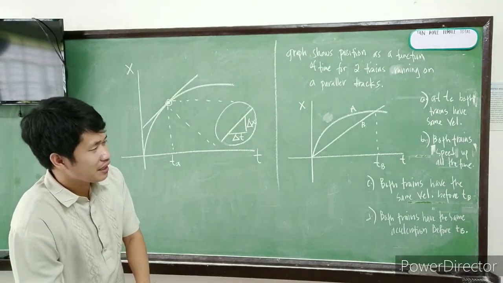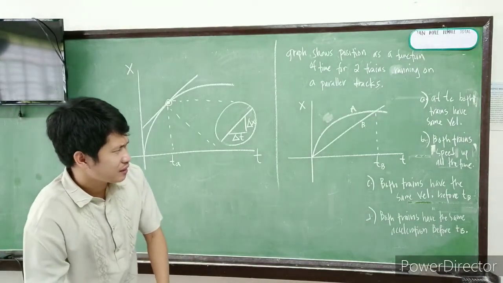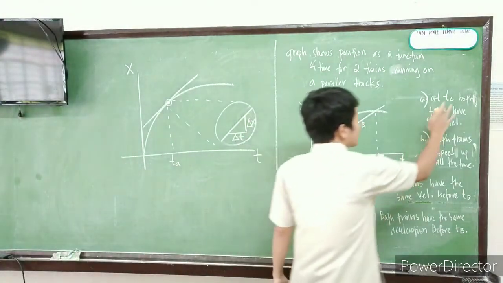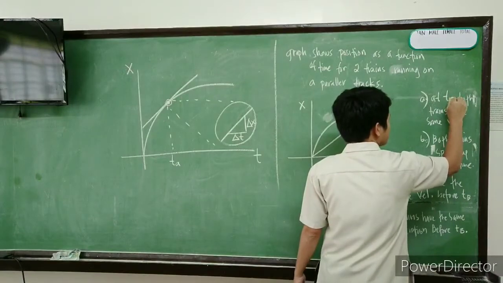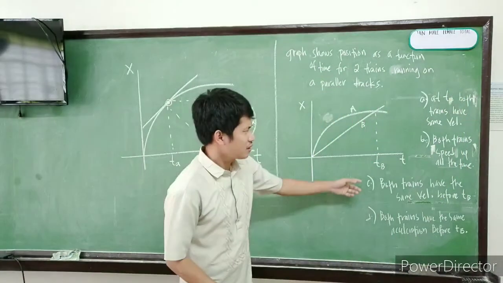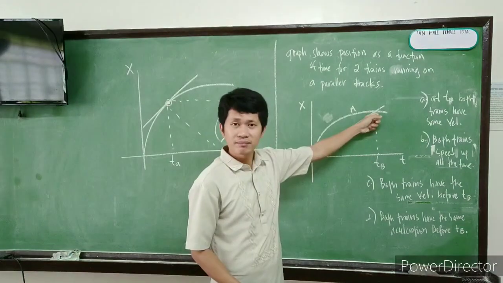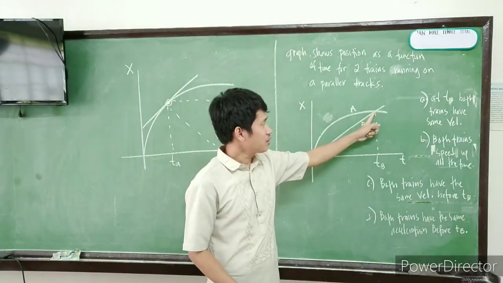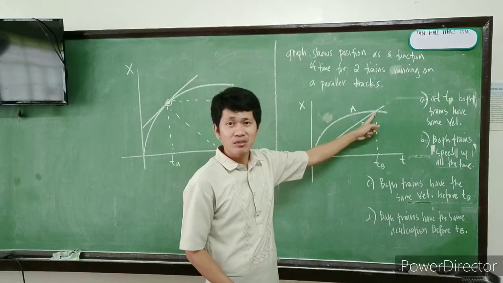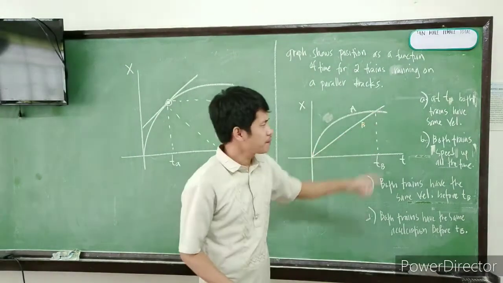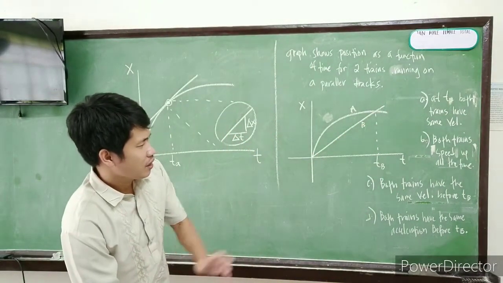So, for letter A ba? At time t sub b, both trains have the same velocity. Okay? Sa point ba na ito, same ba yung kanilang instantaneous velocity? Okay. How about letter B?